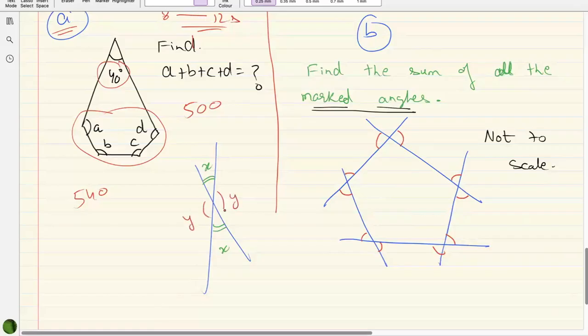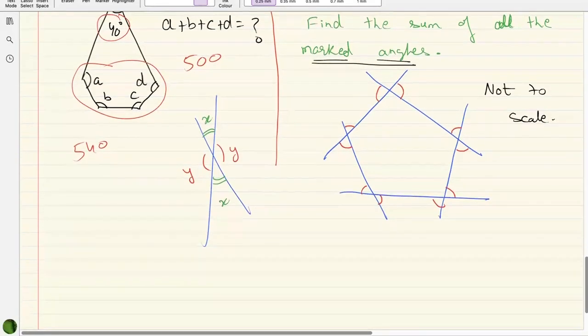They're known as vertically opposite angles. Also in the shape when they're opposite from each other, either they are top to bottom or left to right, they are equal.